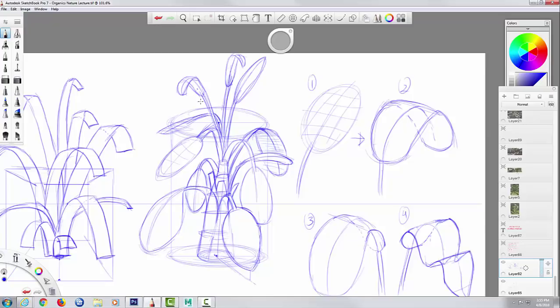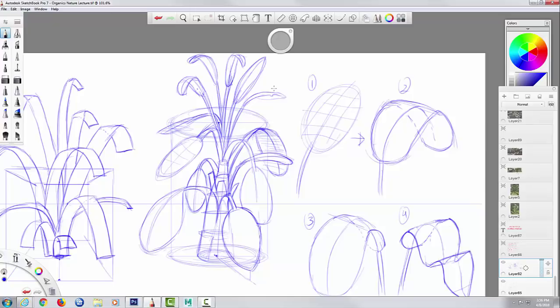And then we have another one that comes out here. That's going away from me. This is another sideways one, I'm thinking.